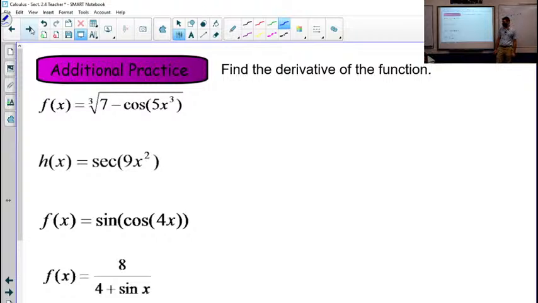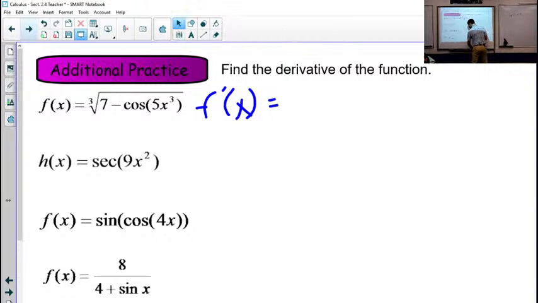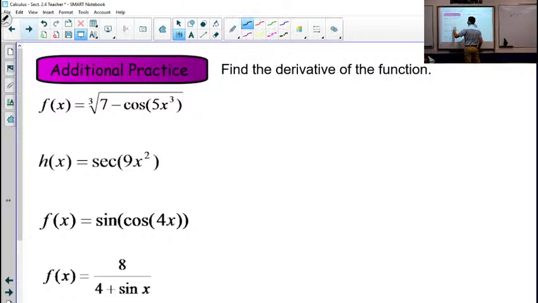So again, I'm going to work with the outermost function first. F prime, well, first let me rewrite this so that we can see what that outermost function is.